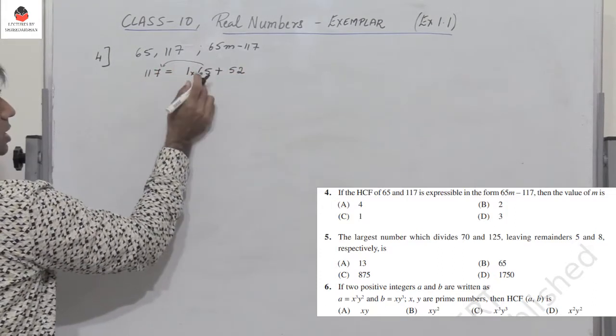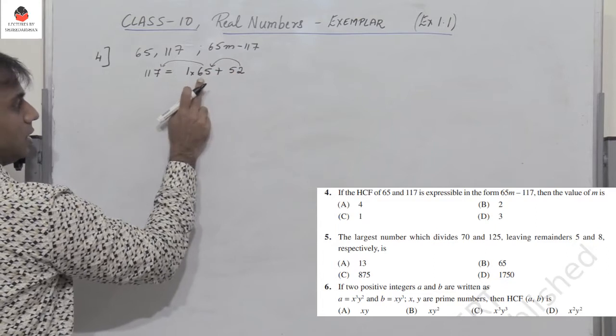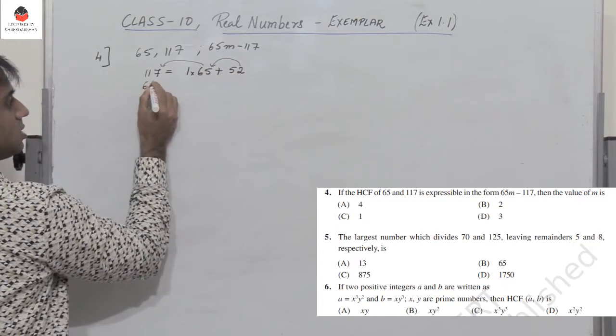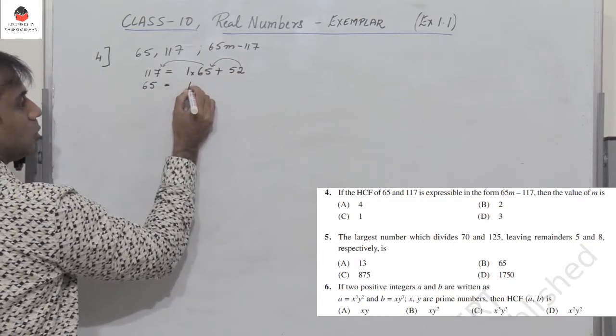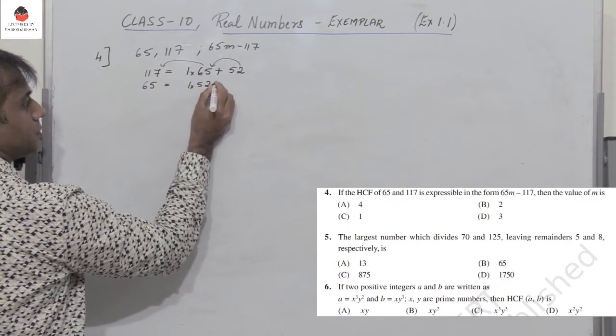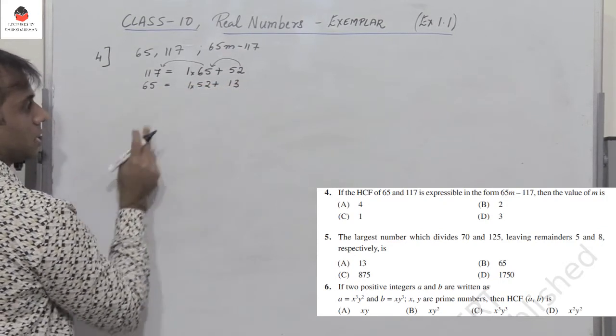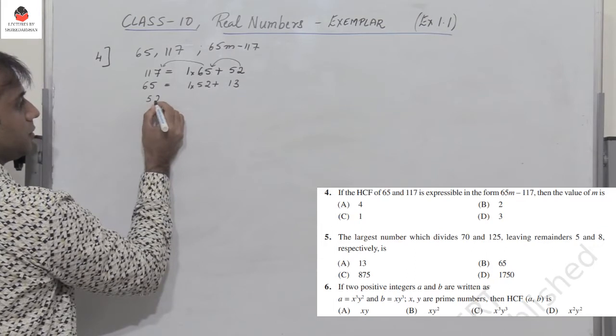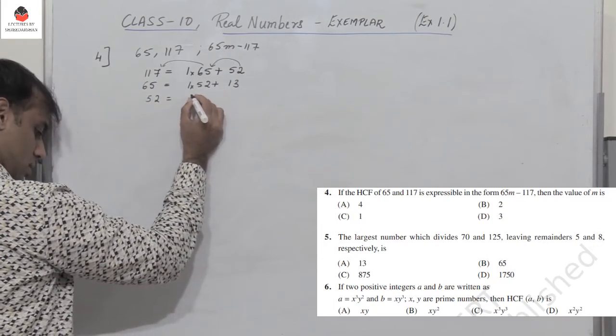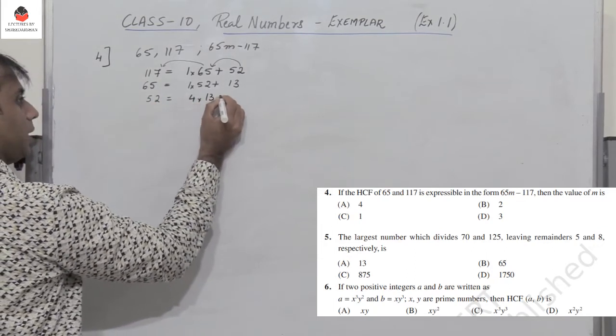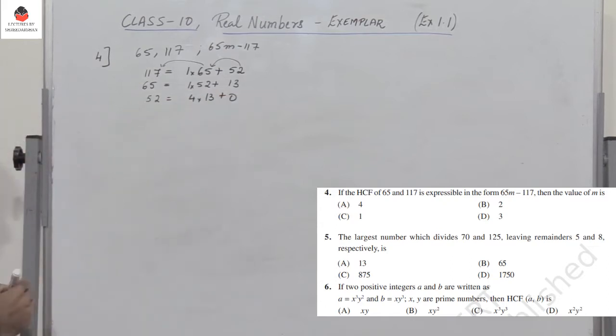Replace this number by 65 and this number by 52. So I get 65 equals 1 into 52 plus 13. Again, I can express 52 as 4 into 13 plus 0.